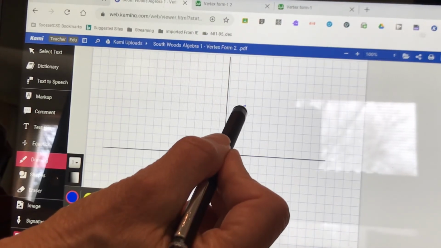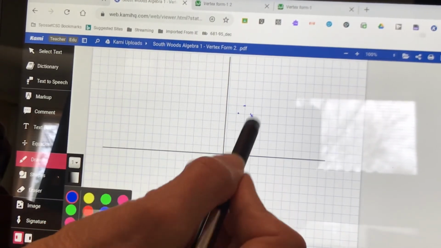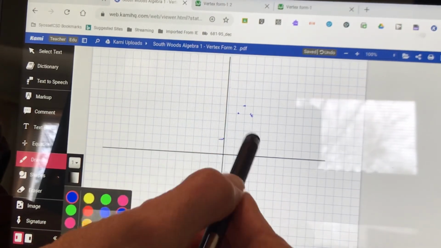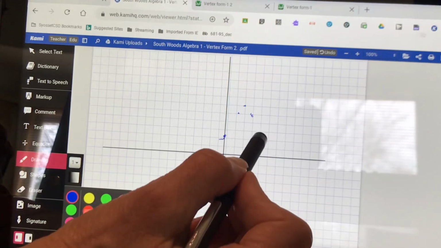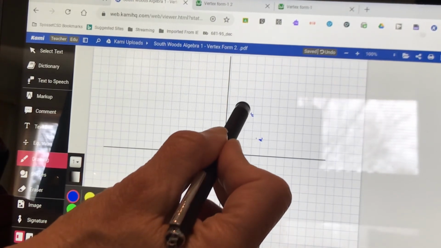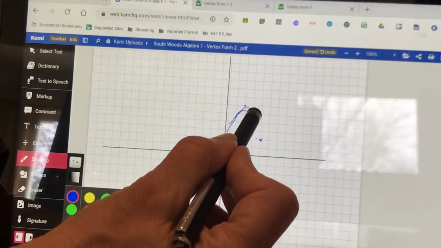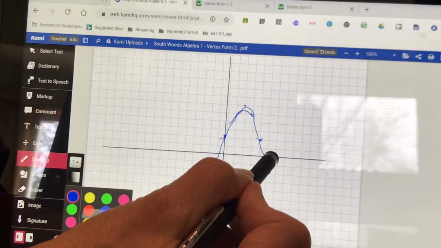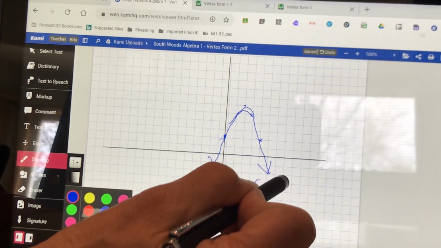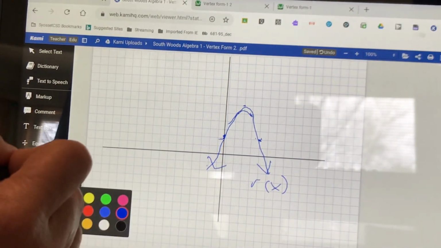Once I found the vertex, I can use the pattern concave down. The coefficient is negative 1. And it looks something like this, rough sketch, r of x, and there it is.